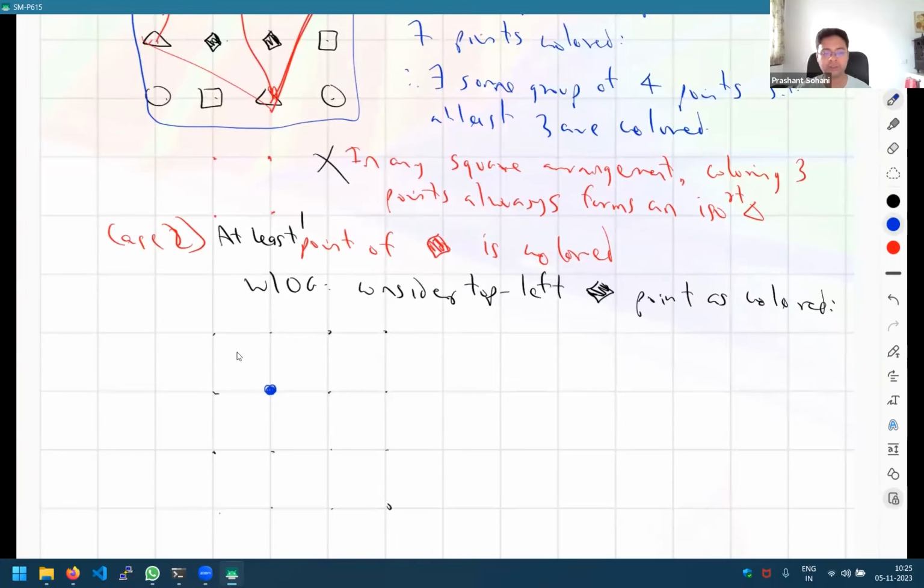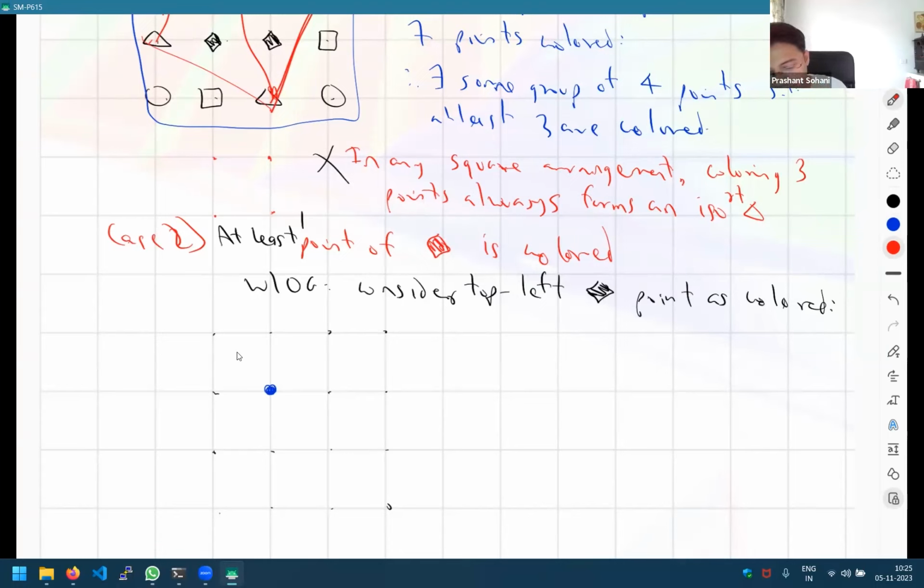So, we still have 6 other points which can be colored. So the question is, can we start to form these tiles so that out of each tile, a certain minimum number of points have to be colored and such that that total fraction will exceed 7 upon 16.